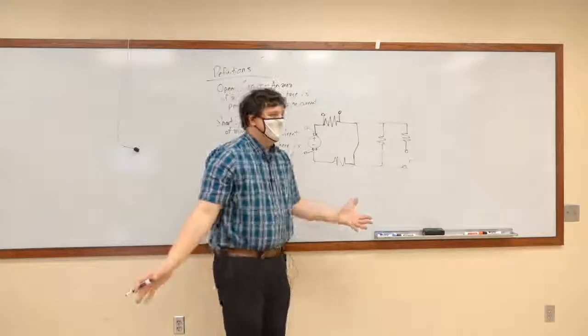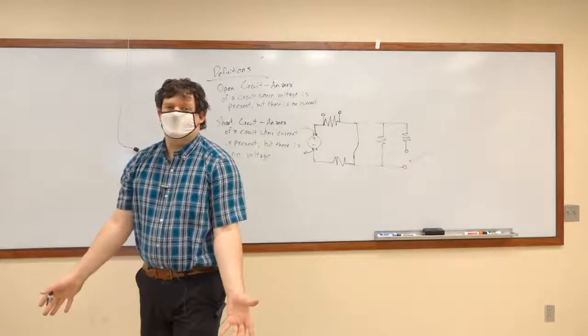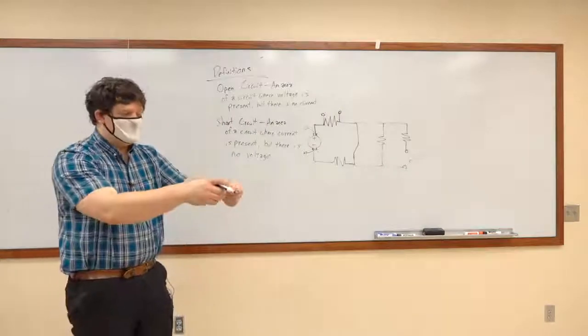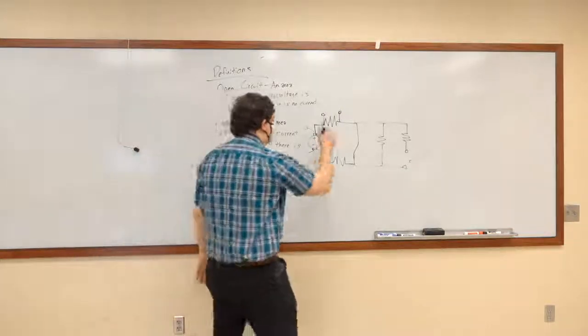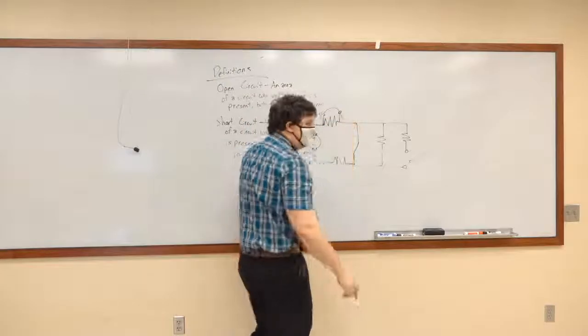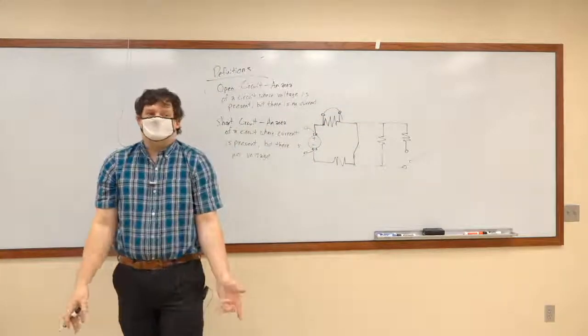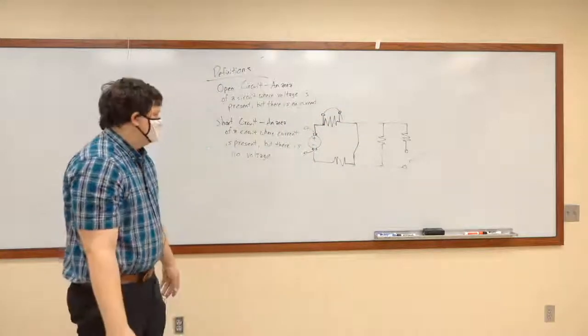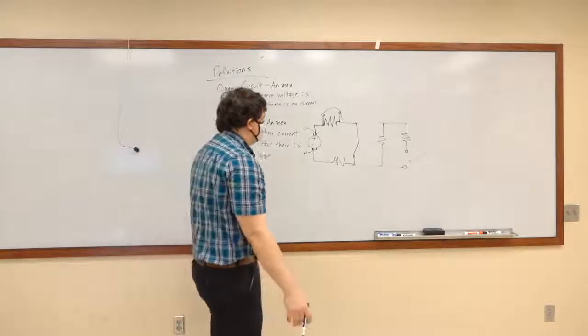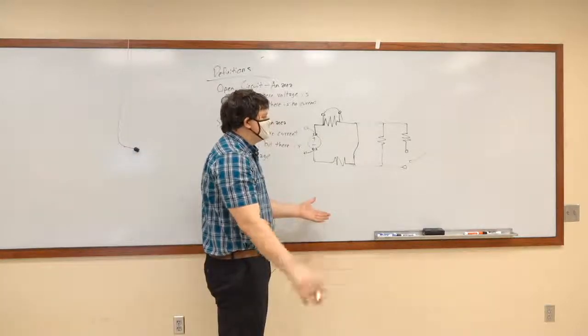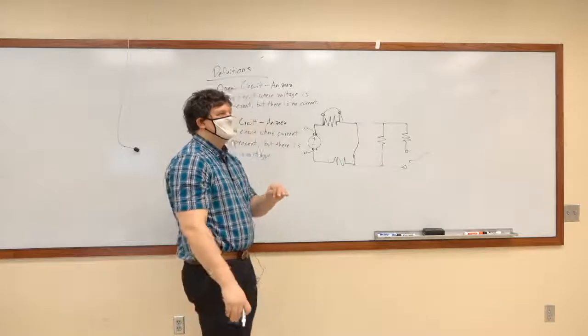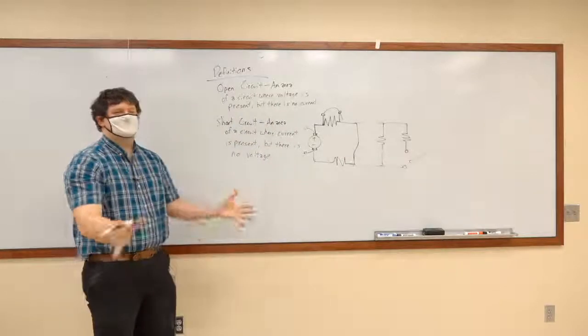We could put anything across the two ends of that resistor and just plug in a wire. You know, you get a wire, you jump it around. You're closing that open circuit. Okay? So open circuits and short circuits exist all over every circuit.